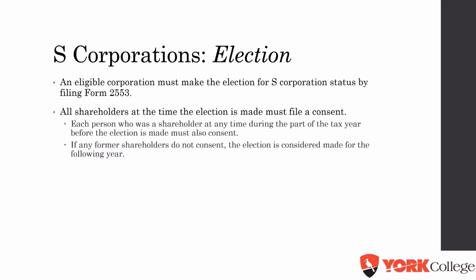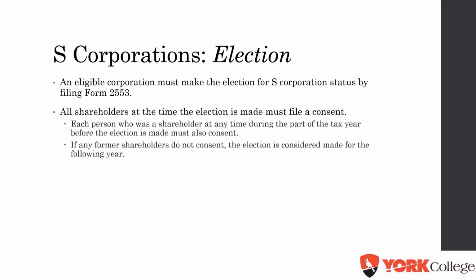All shareholders at the time that the form is filed must also file a consent to elect for S corporation status, which means each person who was a shareholder at any time during the part of the tax year before the election is made must also consent.